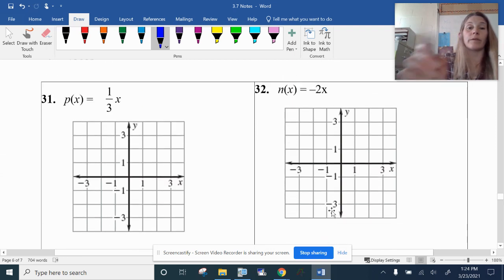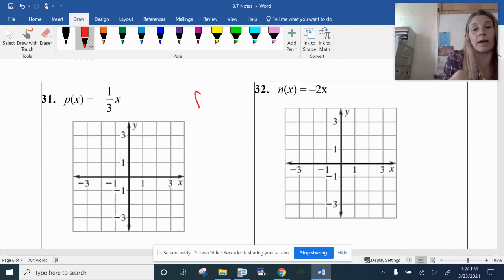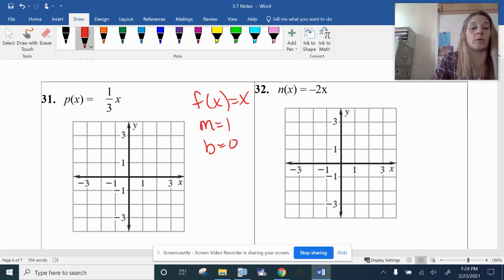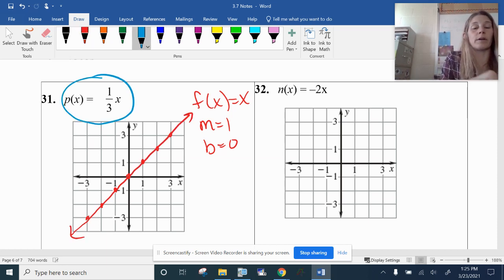All right, now here's one with a fraction. So again, I have my parent function that has a slope of 1 and a y-intercept of 0, and I'm going to graph that here in the red. And then I'm going to do this graph here in the blue. And so this one is the slope of 1/3, but my y-intercept is 0.